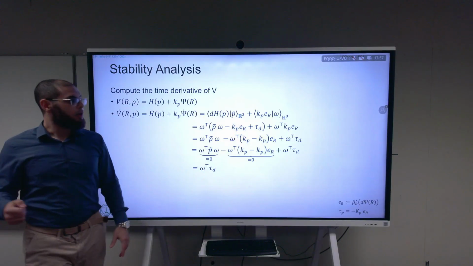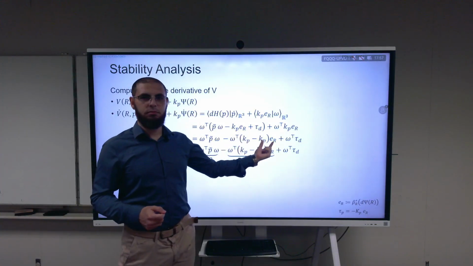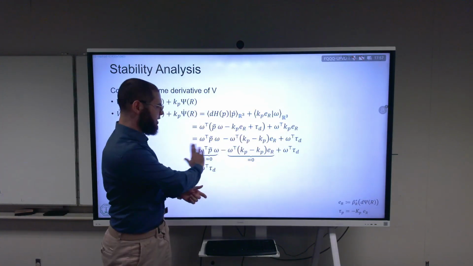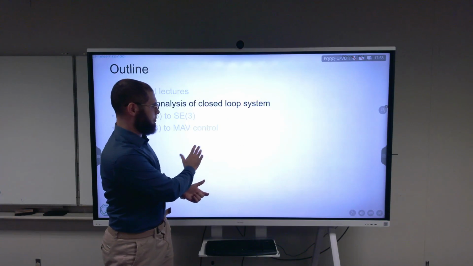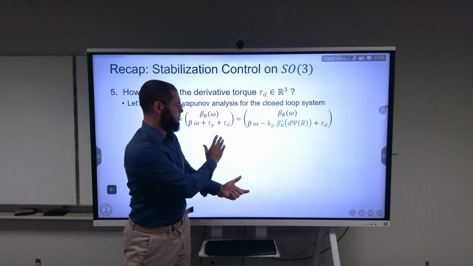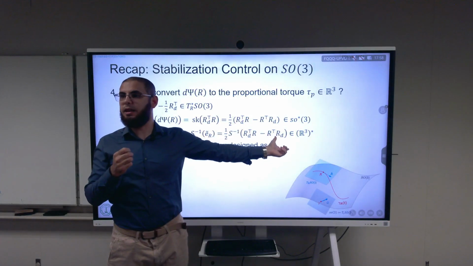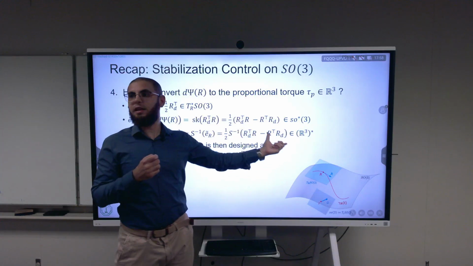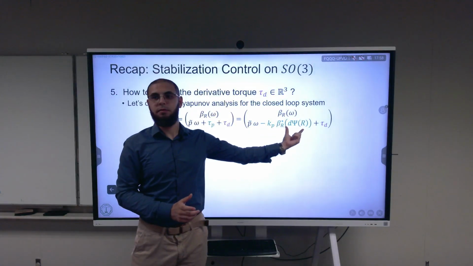Another thing, you remember how ugly our proportional controller looked? The ER, do I need to remind you? All of that stuff, right? Did I plug it in? Did I plug all of that stuff in, or did I plug it implicitly by this expression?